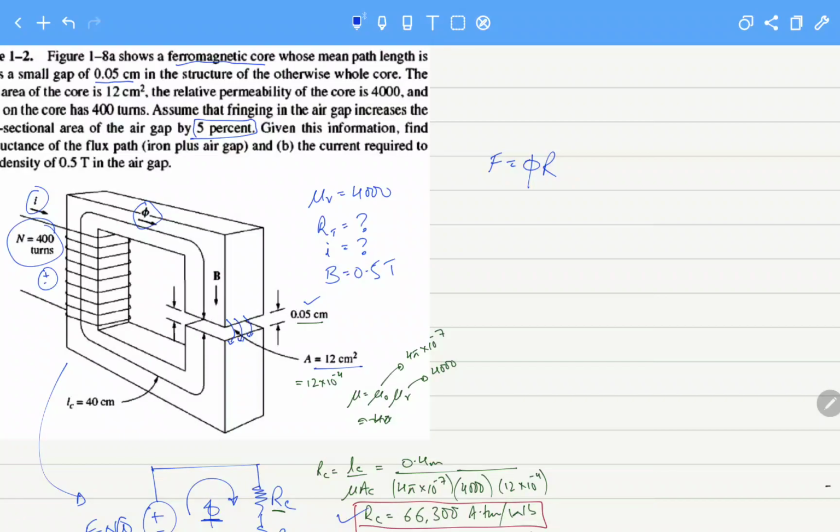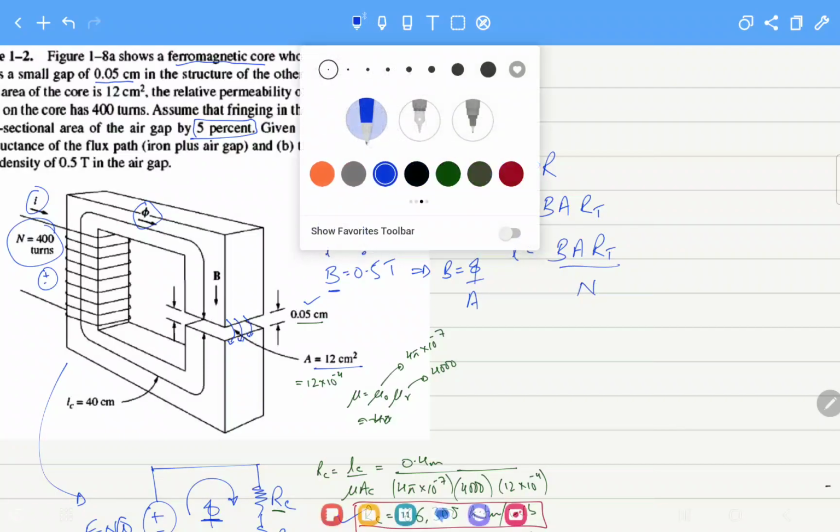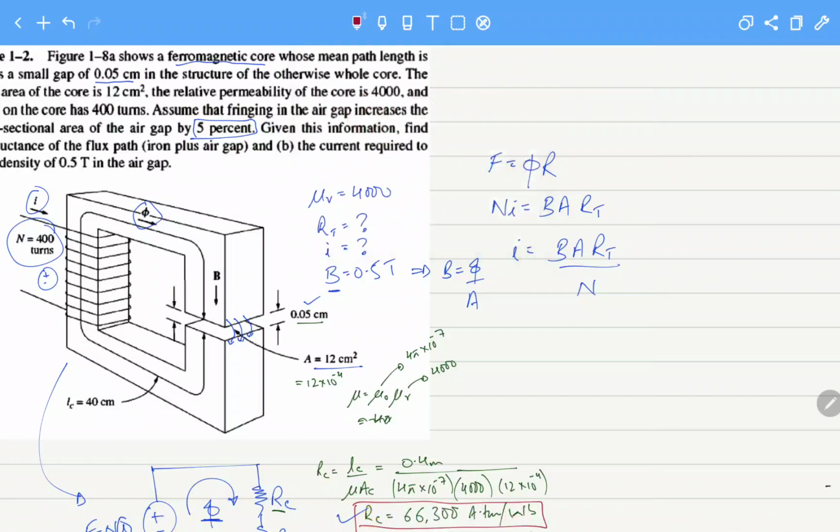They have given us flux density, which is flux per unit area, and we also know F equals Ni, so we can rewrite this as I equals B A RT over N.